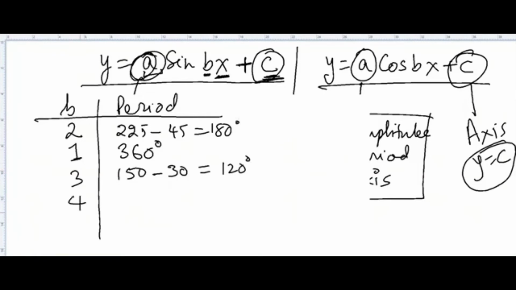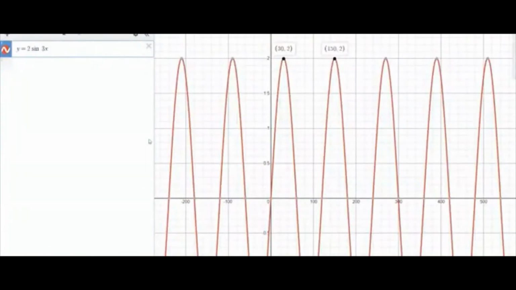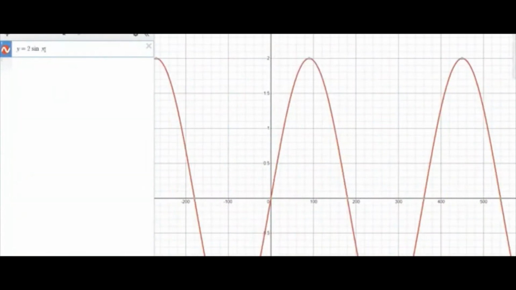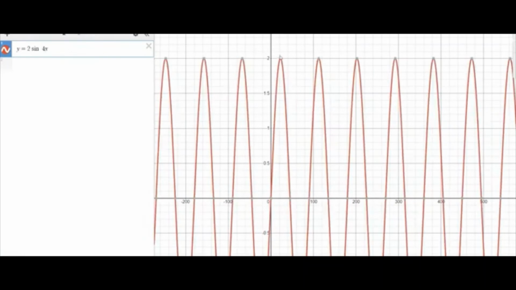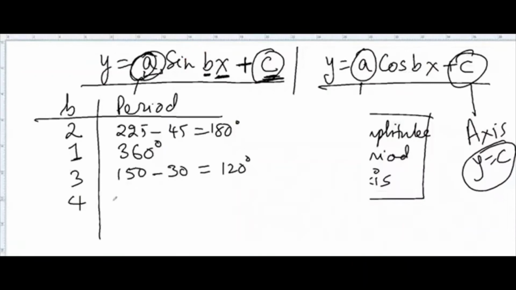Let's write 4. I change it to 4. Now what happens? The period changes to 112.5 minus 22.5, which is 90.